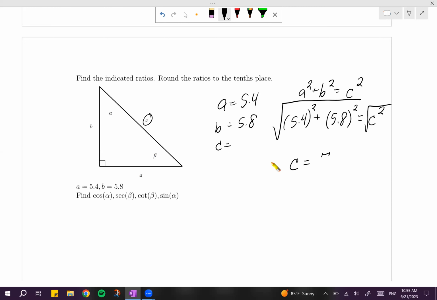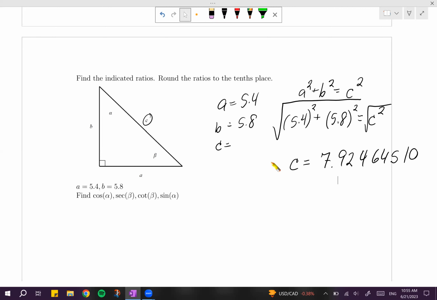I get C is 7.924645510. I'm going to keep track of all these long decimal places until the very end, and I'm going to round at the very end. So I have my A, my B, and my C.